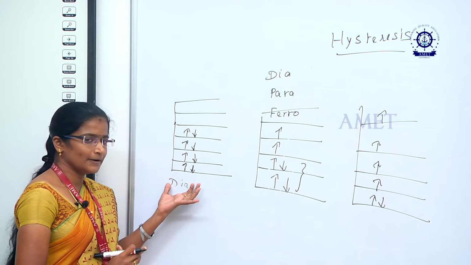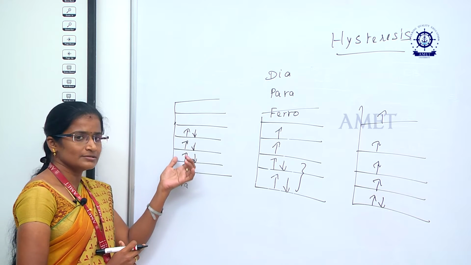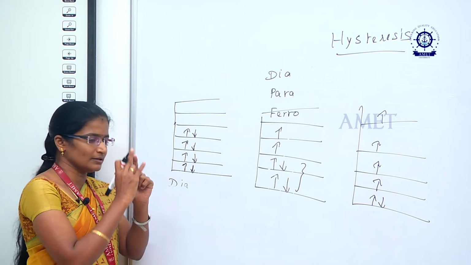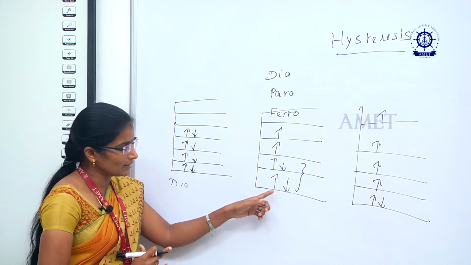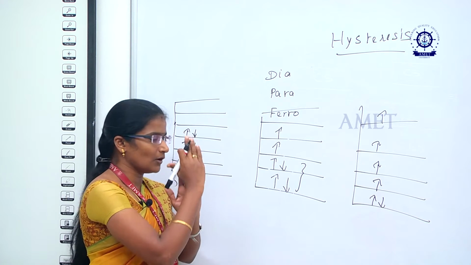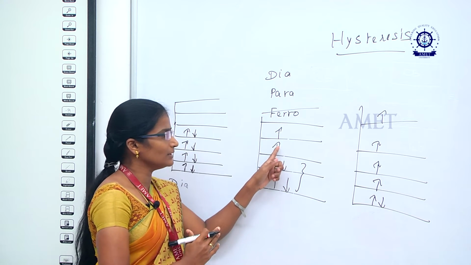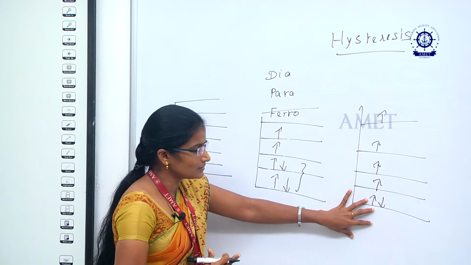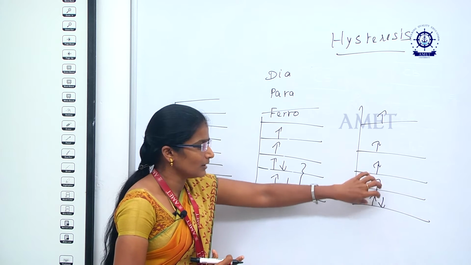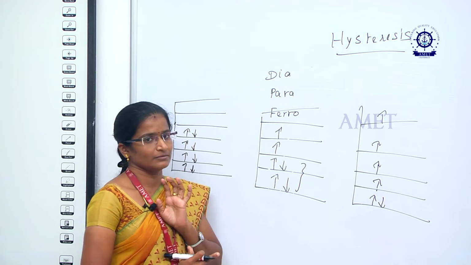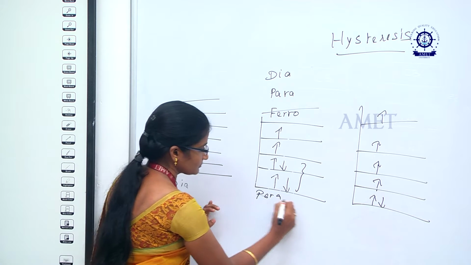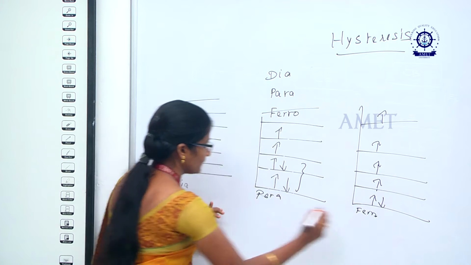In dia, the electrons are arranged in orbitals with one spin up and one spin down. In ferro, only a few orbitals have opposite spins and the remaining orbitals have a single spin. So this is dia, this is para, this is ferro.